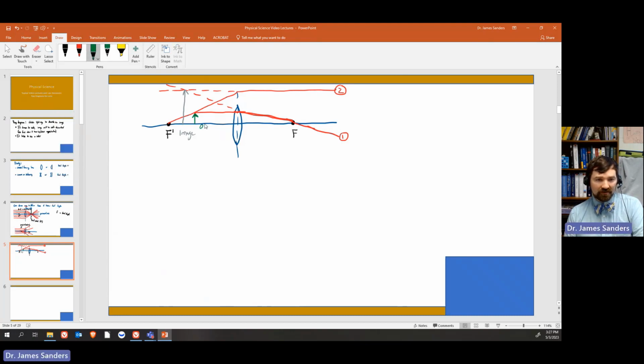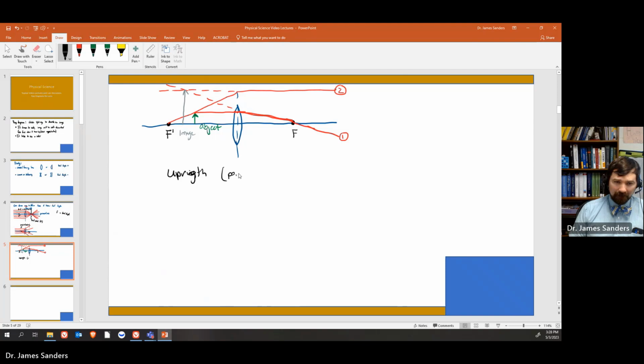This is my object. All right, so what can I say about my image? In this case, the arrow points the same way for the image and the object, so it's upright. There we go.